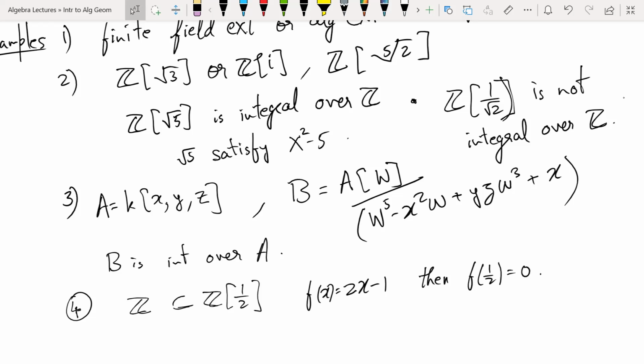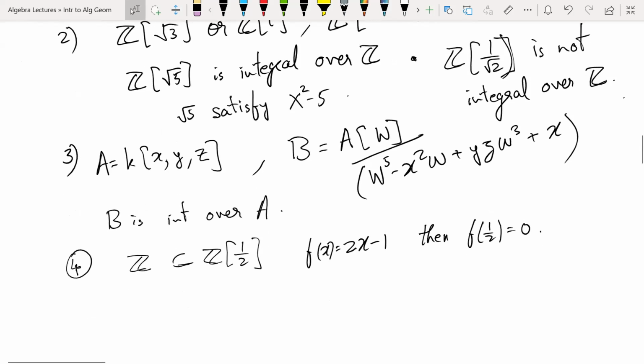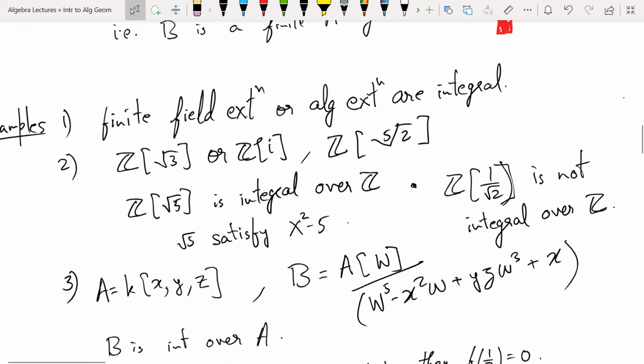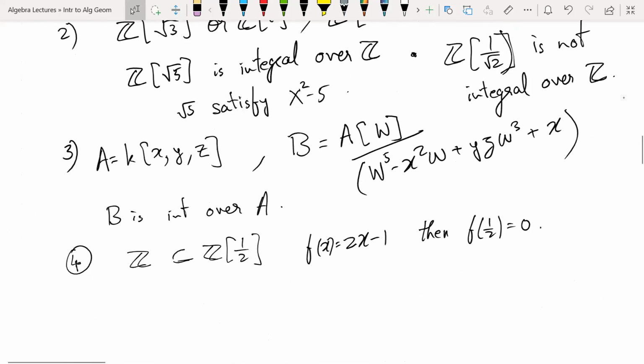Okay, so maybe I'll just state what integrally closed rings are, but unfortunately we won't do much, because it's not difficult to define. Maybe I'll define it for an integral domain.